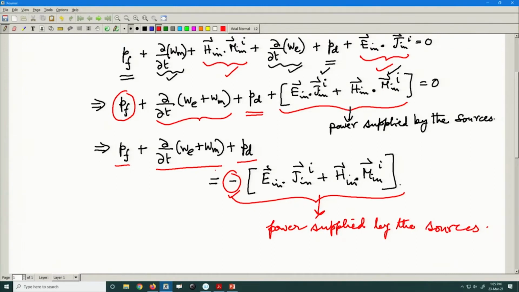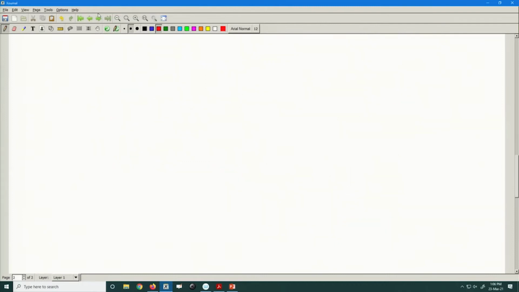So, this is the statement of the power conservation theorem. It says that the power supplied by the sources must be spent into the power flow term, the time rate of change of the stored electric and magnetic energy densities, and the power dissipated term. So, therefore, we write P s.